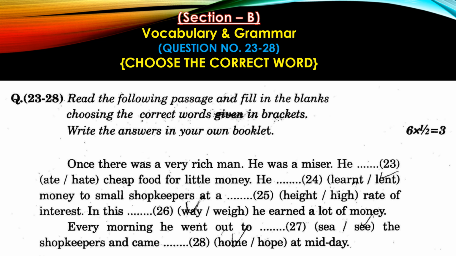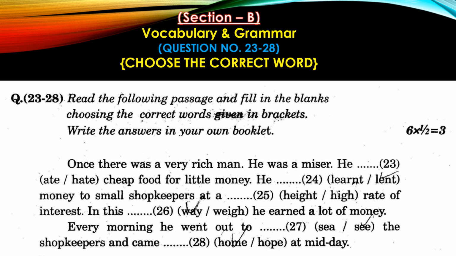Another type of question in this grammar and vocabulary section, the question numbers are from 23rd to 28th. Read the following passage and fill in the blanks, choosing the correct words given in brackets. Write the answers in your answer booklet. Here you can observe each blank contains 2 options in the bracket.